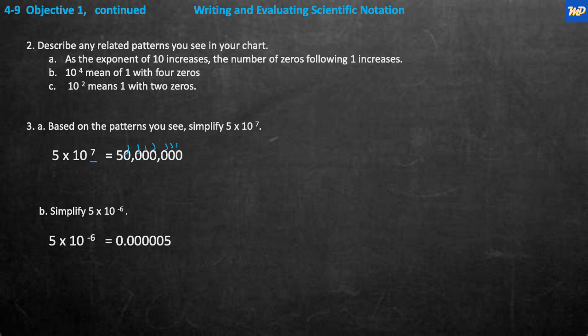See, that's where we started, at the 5. We're going to the left: 1, 2, 3, 4, 5, 6. 6 loops. That's how many loops we made. So we start with the 5 and we take the zeros out to the left. Here, on the positive exponent, we're taking the zeros out to the right.